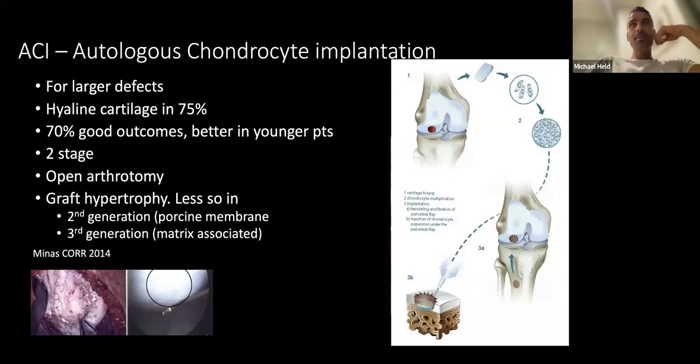At the moment, the long-term randomized controlled trials don't really show a huge amount of clinical benefit, but histologically there are differences between the cartilage formation in ACI compared to just a microfracture.